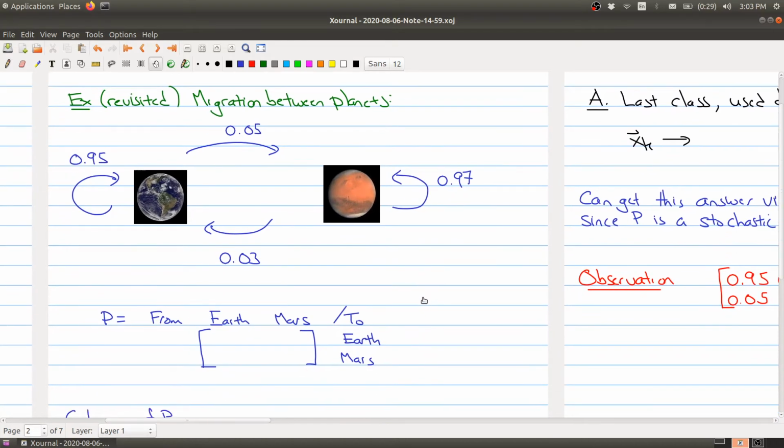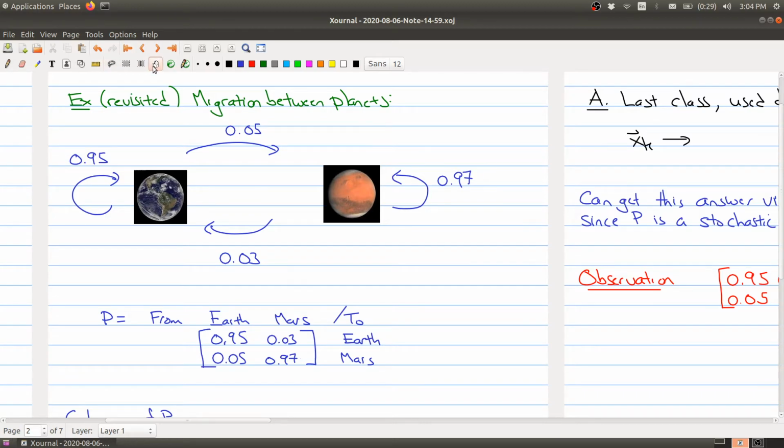We had this transition matrix, which captured how people moved between the two planets. In percentages, 95% go from Earth to Earth, 5% go from Earth to Mars, 3% go from Mars to Earth, and 97% go from Mars to Mars.